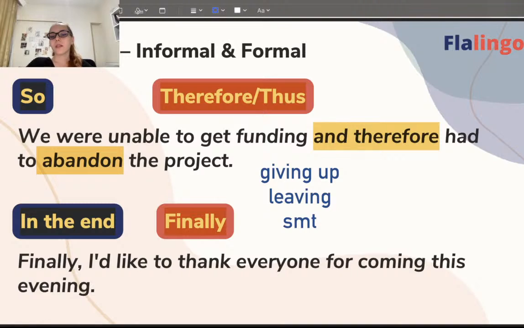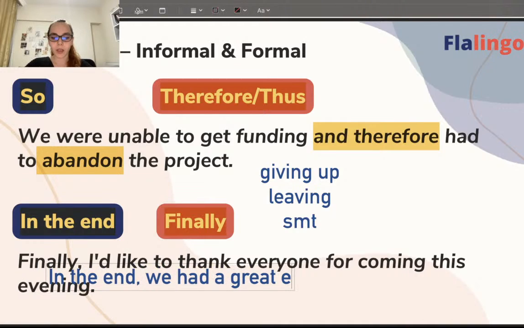Finally, I would like to thank everyone for coming this evening. This is also another example. Finally, in the end, but those are not alternative in here, because in the end means that you will talk about something. In the end, we had a great evening, let's say.